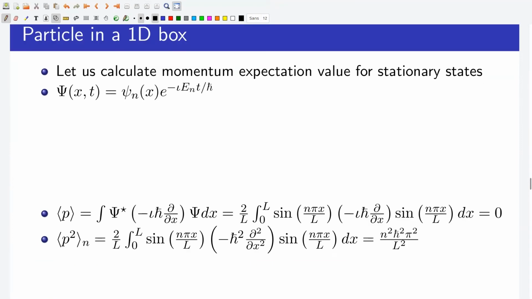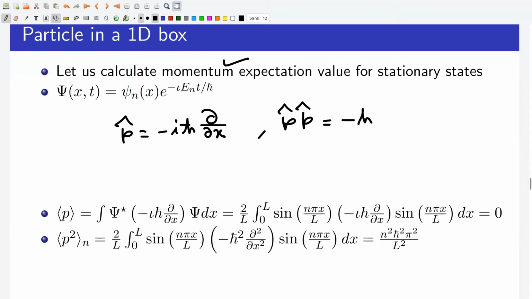Next, we calculate momentum expectation value. We know that the momentum operator is given by minus i h cross del by del x. So this is some differential operator, and similarly, we can define the square of the momentum operator, which is given by minus h cross square del 2 by del x square.